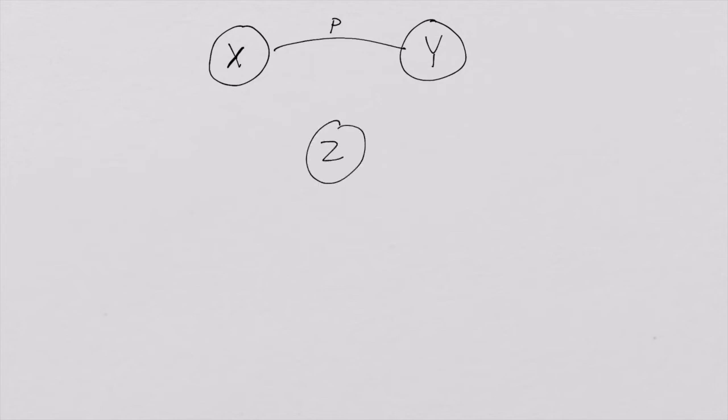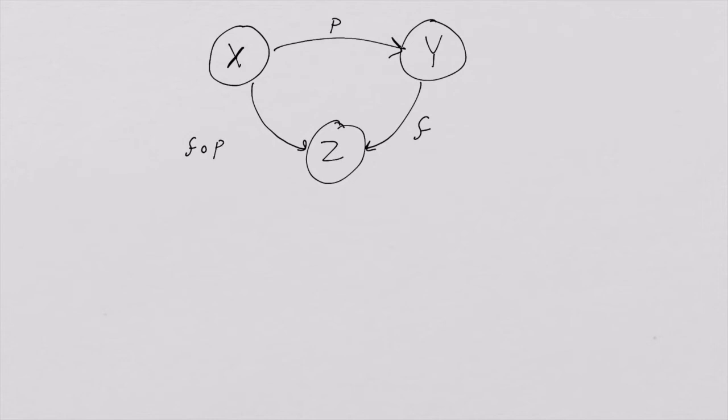That's better. So if we have a topological space X, and we have a continuous function P to a topological space Y, and then we have a topological space Z, and a function from Y to Z, which we'll call F, and then X to Z is going to be F after P, like that.